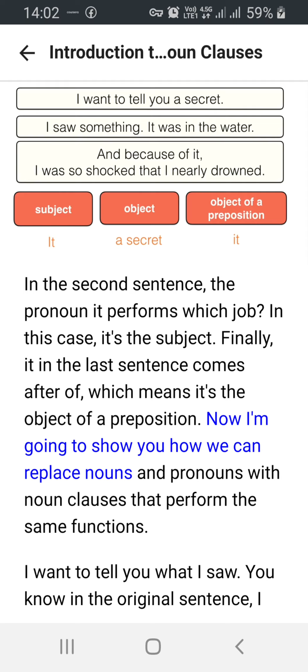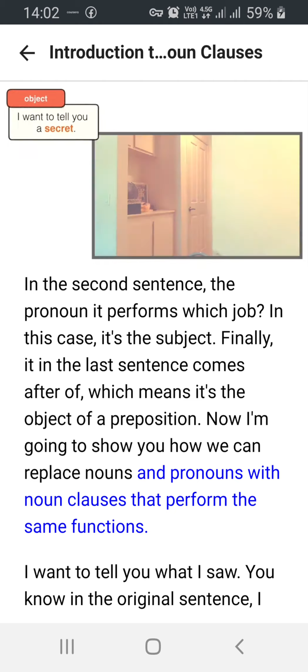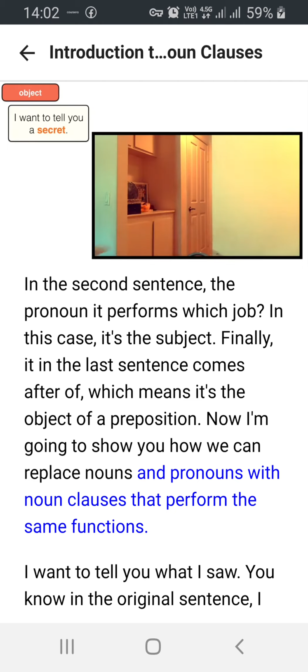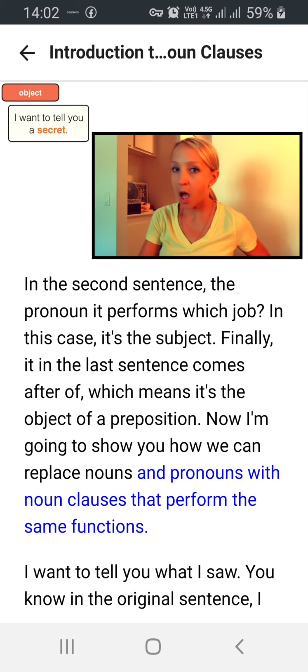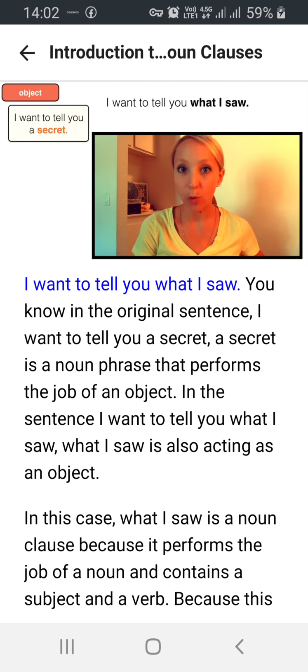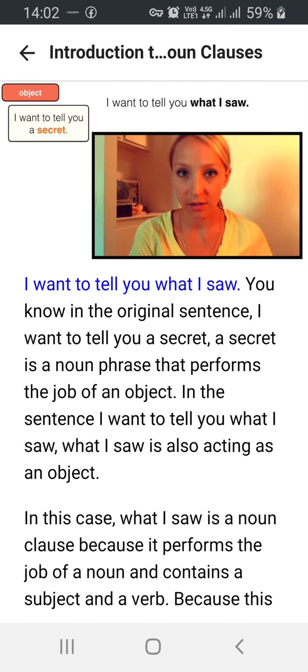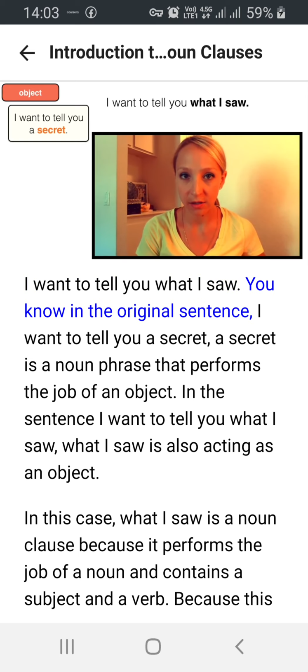Okay, now I'm going to show you how we can replace nouns and pronouns with noun clauses that perform the same functions. I want to tell you what I saw. Okay, you know in the original sentence, I want to tell you a secret is a noun phrase that performs the job of an object.